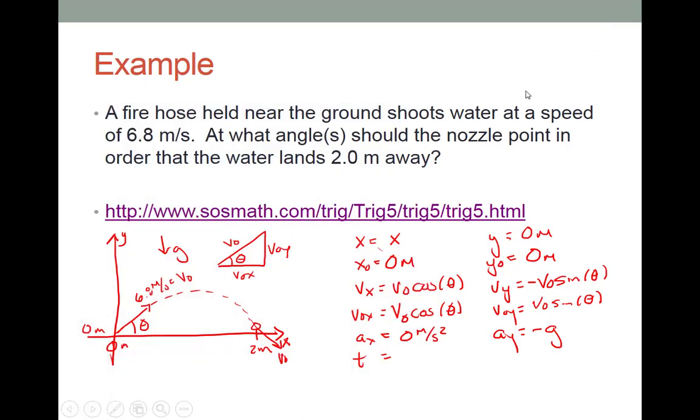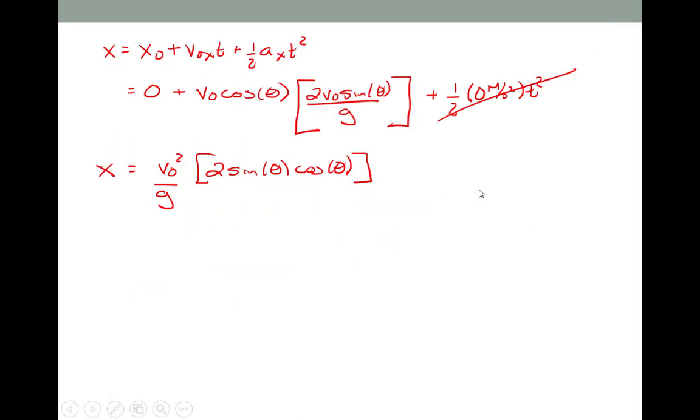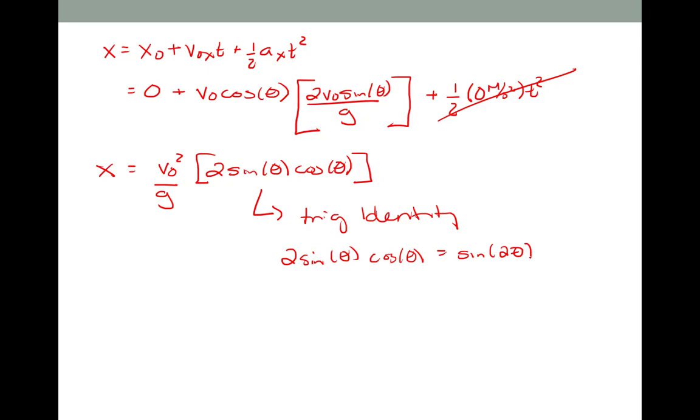So I can write, based on the trig identity, that 2 sine theta times cosine theta equals the sine of 2 theta.